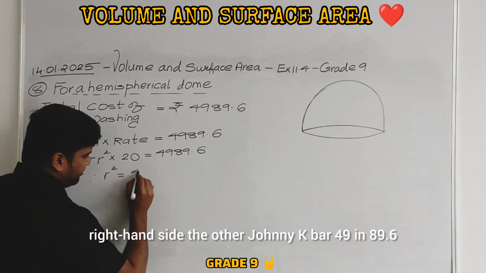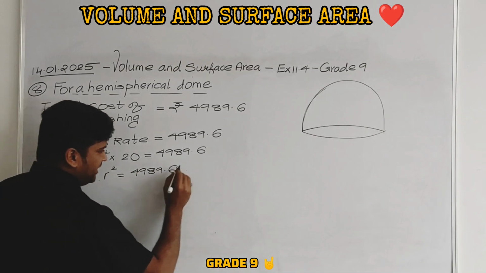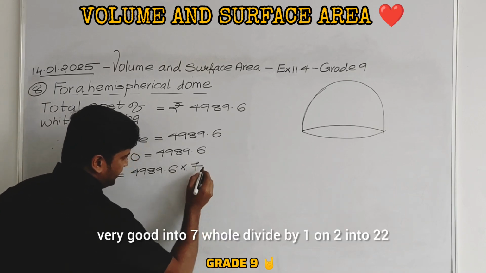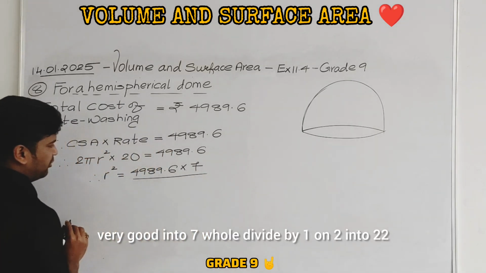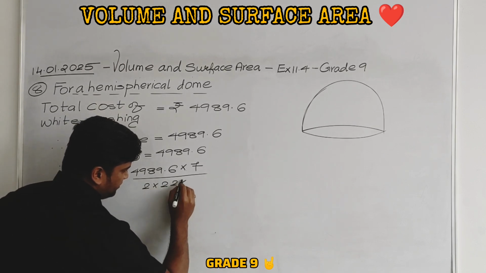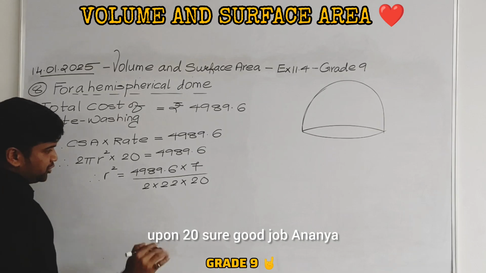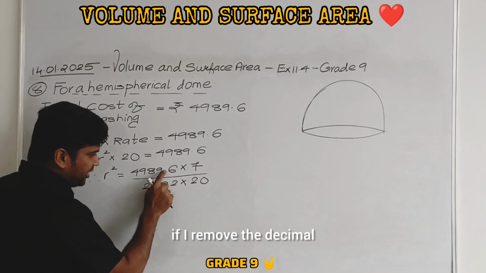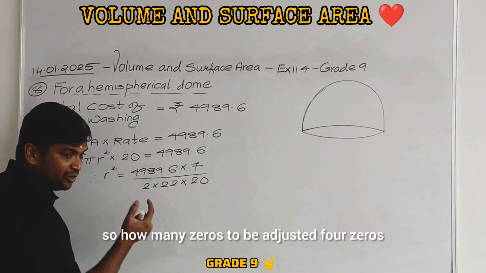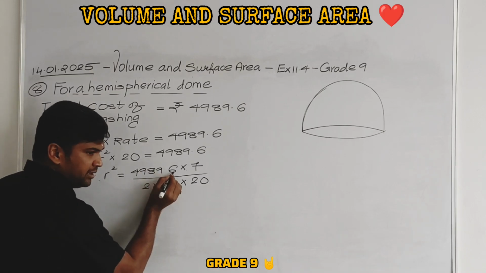So after going there, 4989.6 into 7, whole divide by 2 into 22 into 20. Very good. Ananya, if I remove the decimal, so how many zeros to be adjusted? Decimal के बाद one digit है.